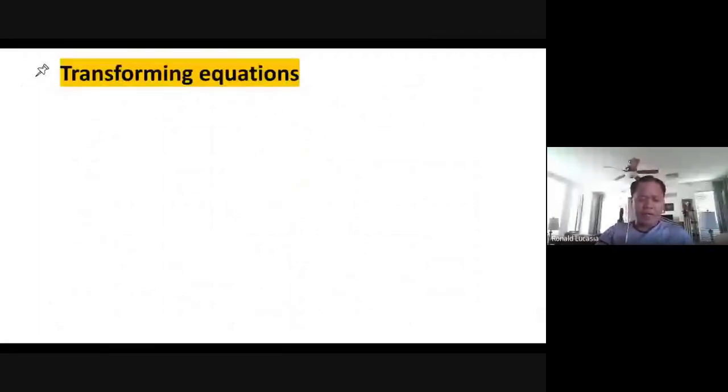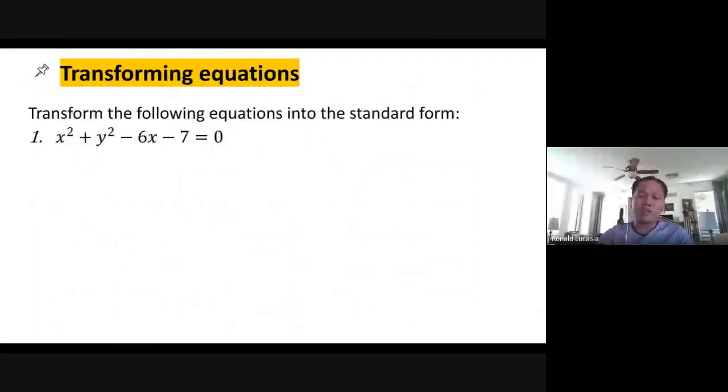Now, transforming the equation means you'll have to find the center of the circle in standard form or center-radius form using the general form. Completing the square is for an expression such as x squared plus 4x.